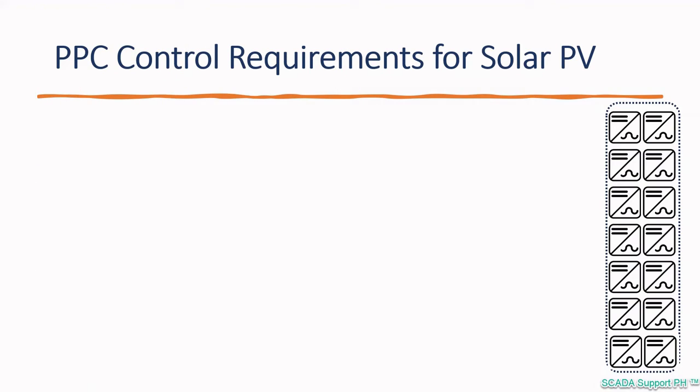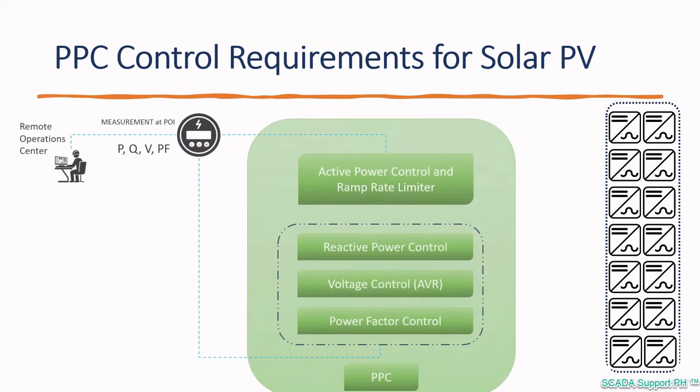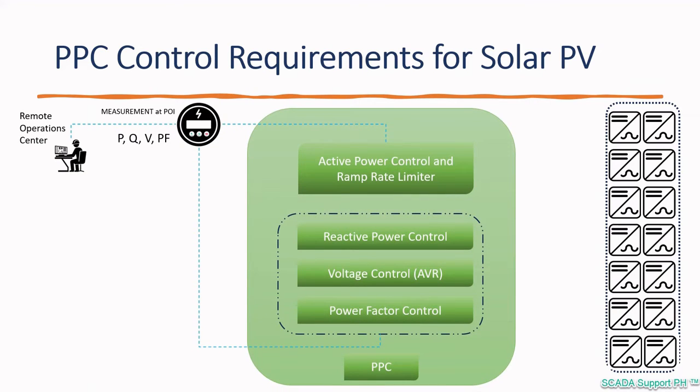Digging deeper into the PPC operation, the plant controller reads the following data from the point of interconnection: active power, reactive power, voltage, and power factor. The values that the power plant controller receives are measured at the point of interconnection, processed by a power analyzer, and transmitted to the power plant controller as analog values or via Modbus protocol.